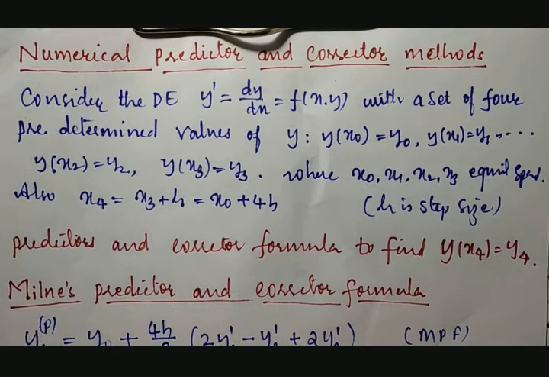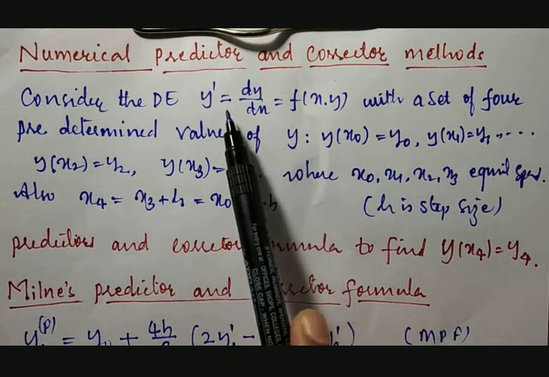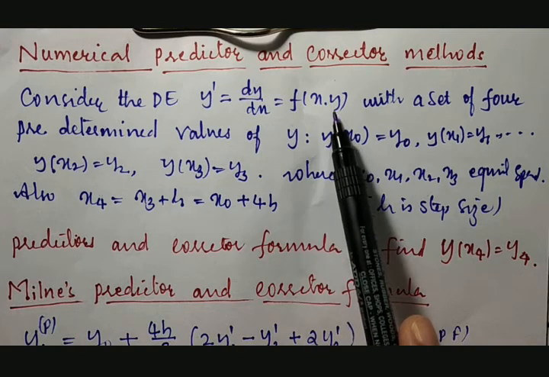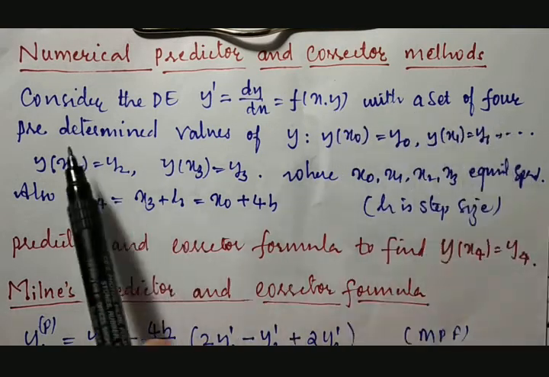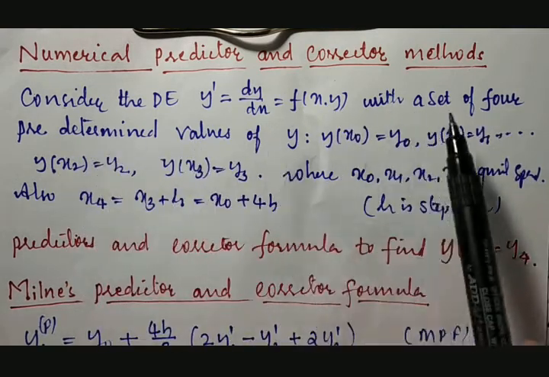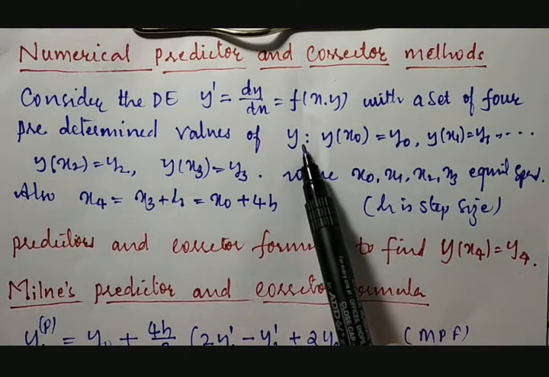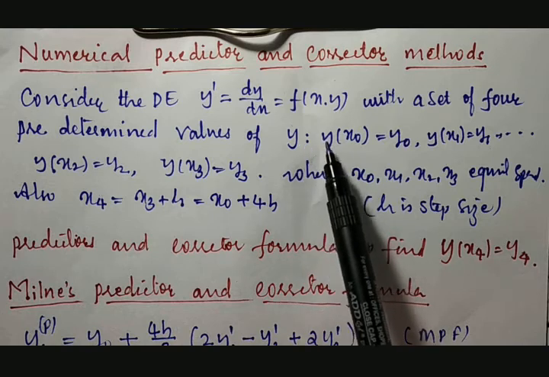data. In this we can consider the given differential equation dy by dx, which will be treated as y dash, which is nothing but a function of x, y, with a set of 4 predetermined values. 4 predetermined values means we consider the value of y at x.